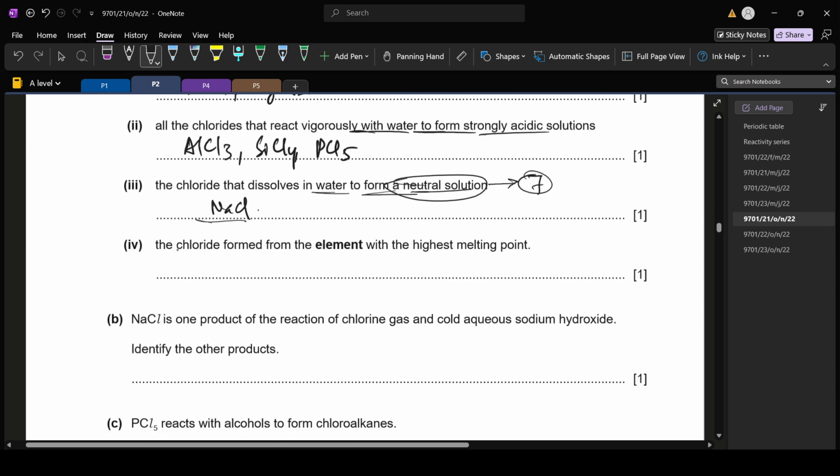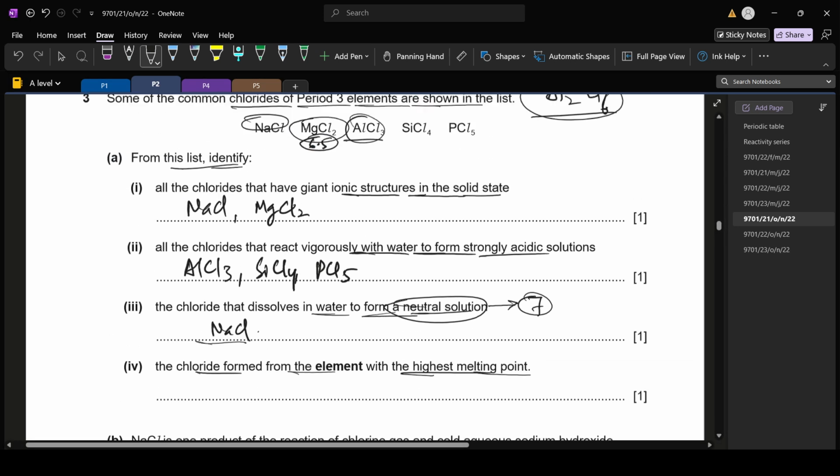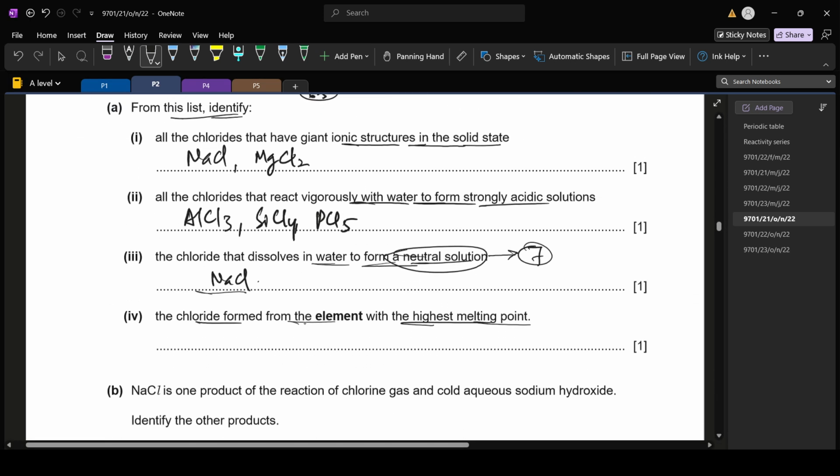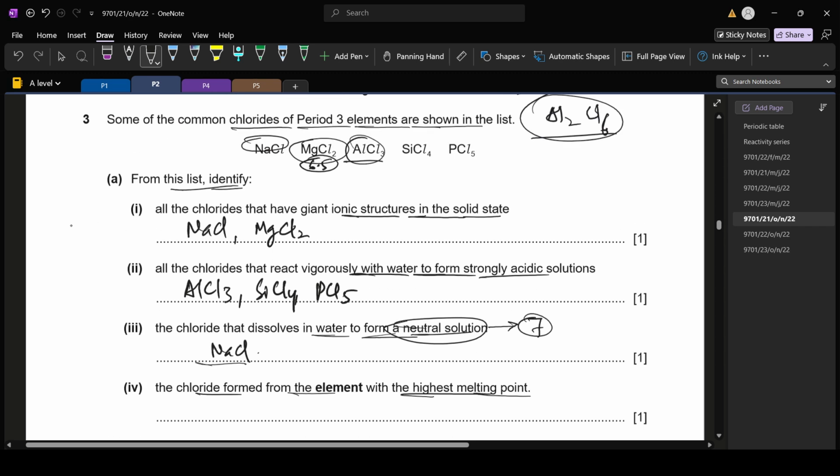Part 4, the chloride formed from the element with the highest melting point. You have to identify the chloride formed from the element with the highest melting point. Silicon has a giant structure and a higher melting point than the others in its period.